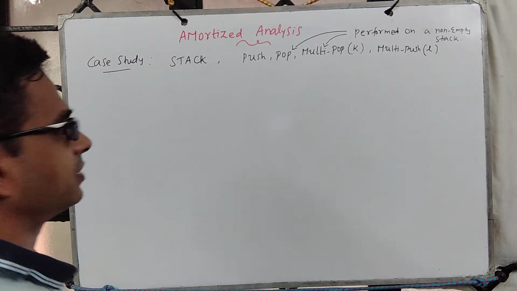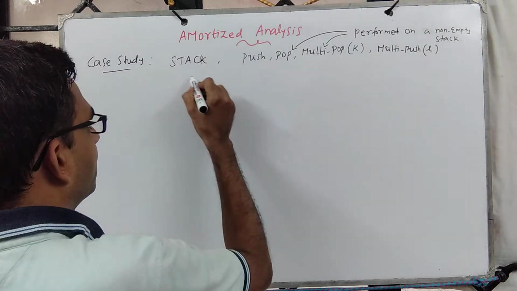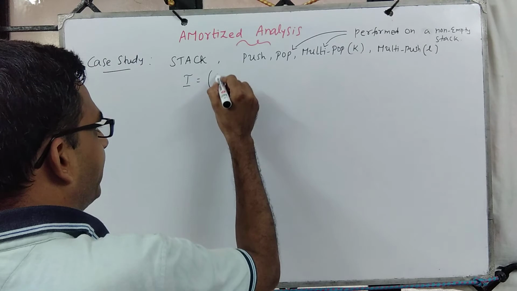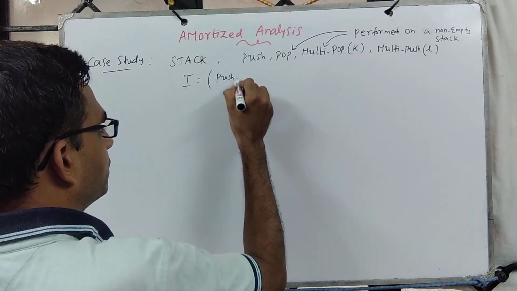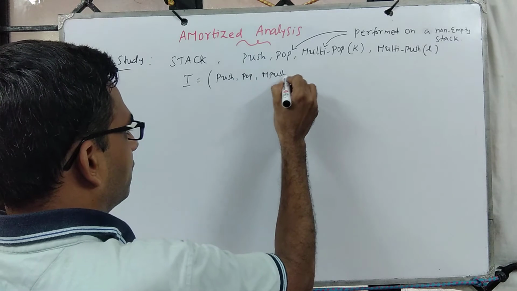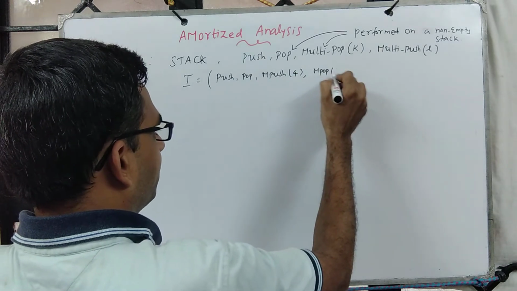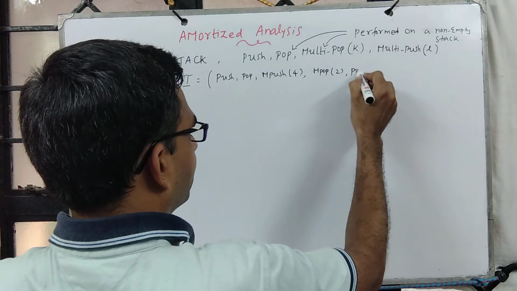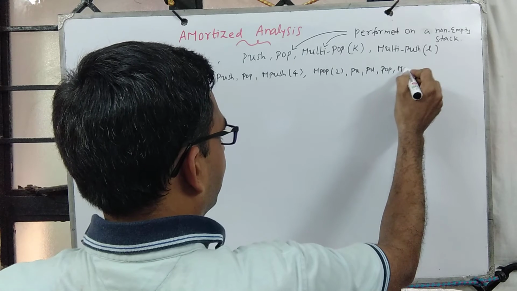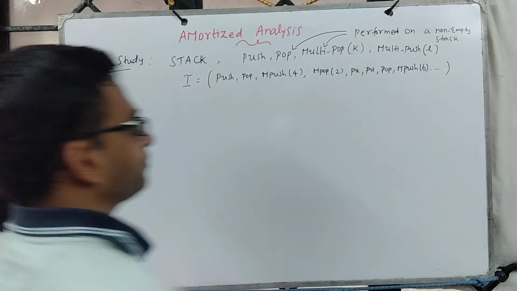If this is the framework, and when we look at the input sequence, it could be anything. So it could be push, pop, say multi-push of 4 elements, then multi-pop of 2 elements, then maybe push, pop, again multi-push say 6 elements, and so on.